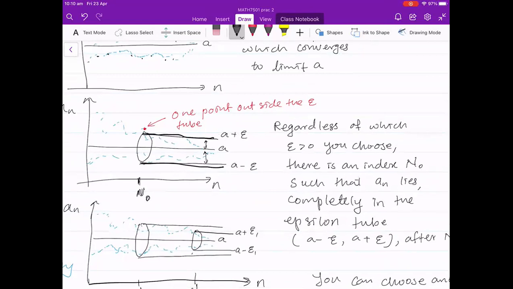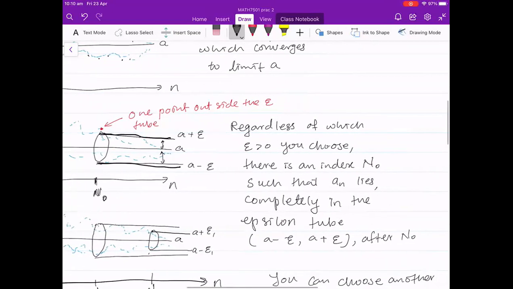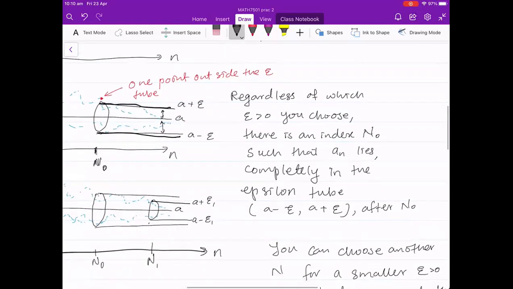So in this case, there is just 1 point outside that epsilon tube. But now if you give me another epsilon, which is smaller than the first epsilon, let's say epsilon 1, then I can still choose n. This time, let's say it's n1, where the elements of the sequence are still bounded within this epsilon tube.